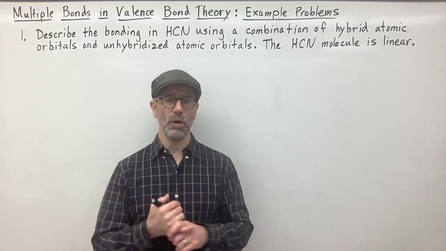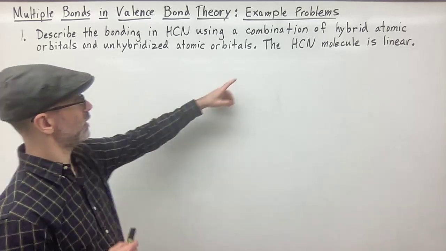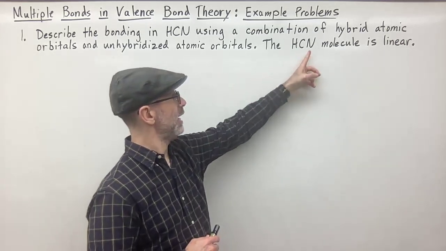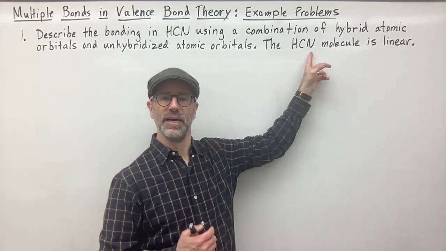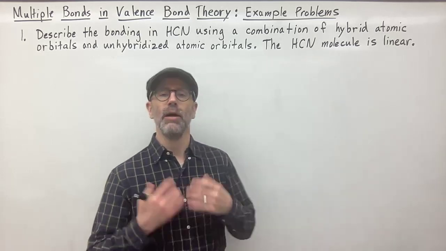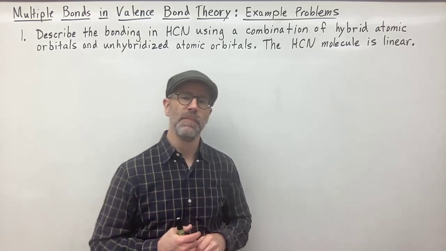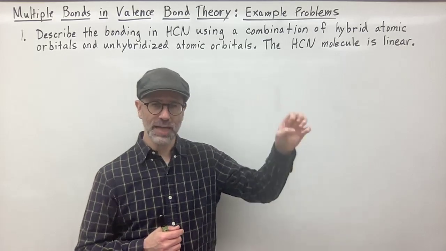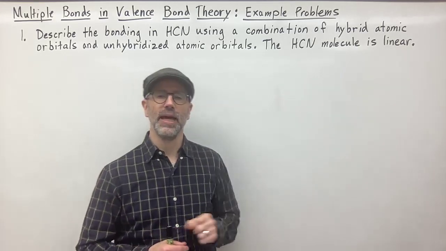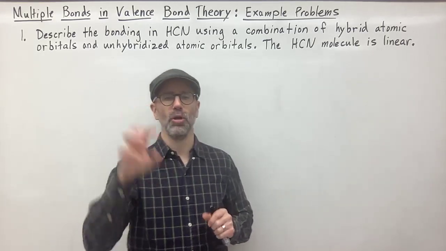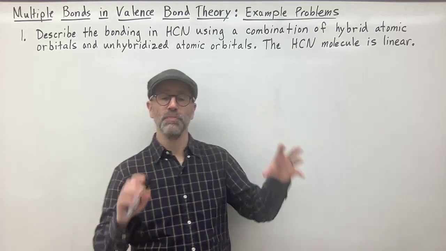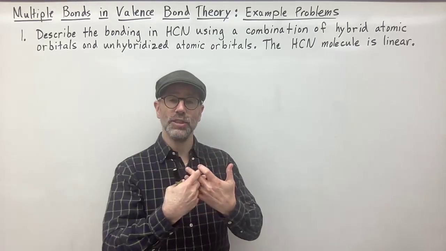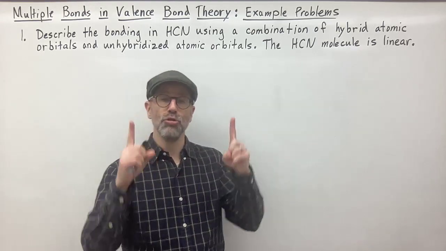So the carbon here is most likely going to be sp hybridized, and the nitrogen is going to be sp hybridized as well. What that means is that you're taking an s atomic orbital and one p orbital, combining those together, so you get two hybrid orbitals.